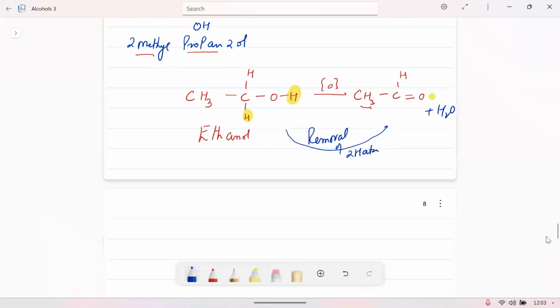So here, the hydrogen attached to the oxygen and the hydrogen attached to the carbon carrying the OH are removed. And removal of hydrogen is oxidation.